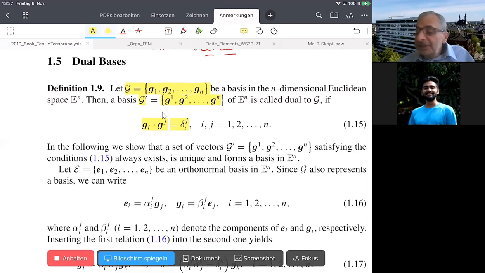And does this set of vectors really form a basis? Are they linearly independent? These are all the questions we should clarify now, and maybe we continue next time.